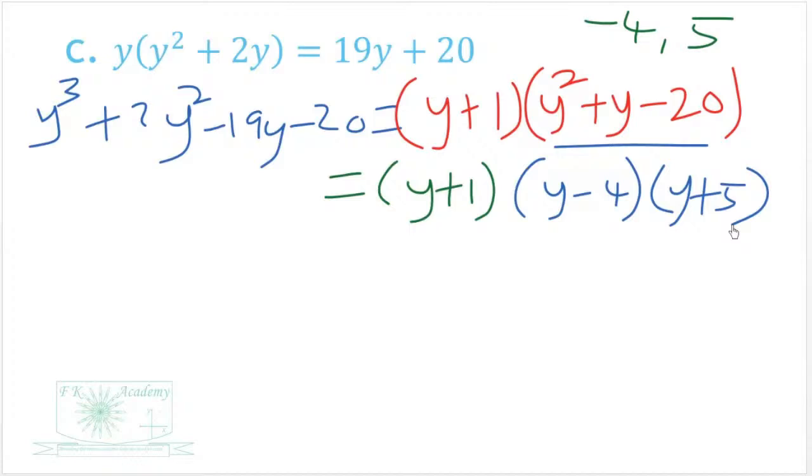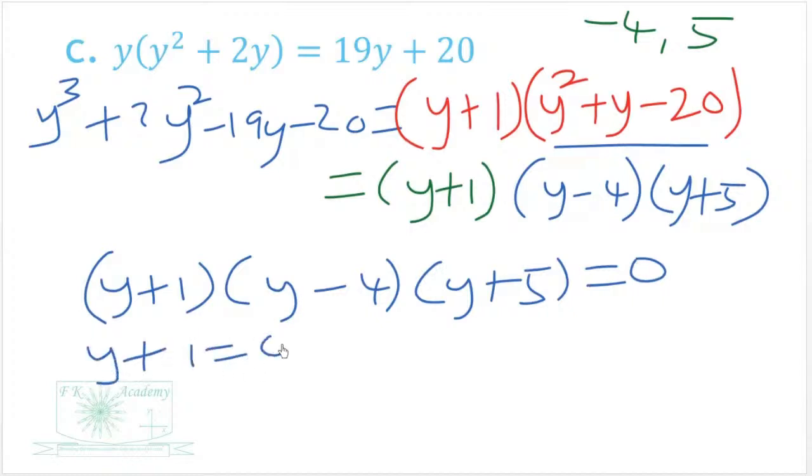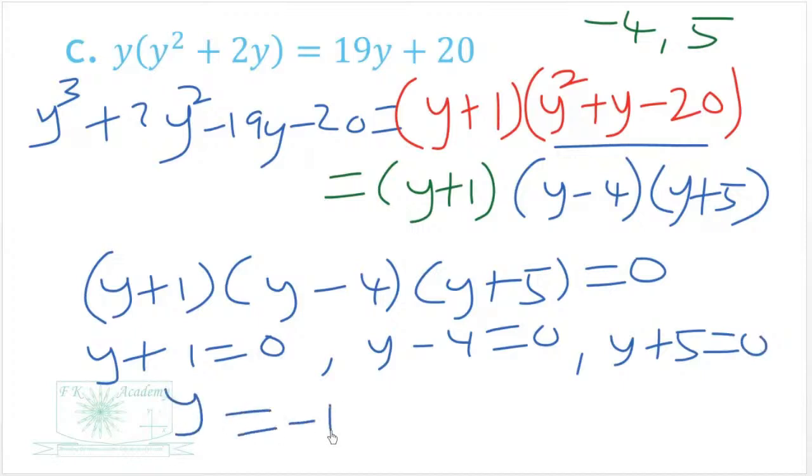So when we equate this to 0, by the zero product principle, we have y plus 1 equals 0, or y minus 4 equals 0, or y plus 5 equals 0. And that gives us y to be equal to negative 1, negative 5, or 4.